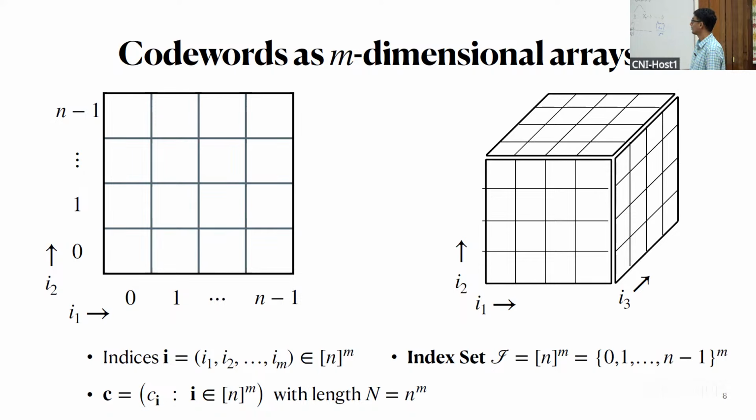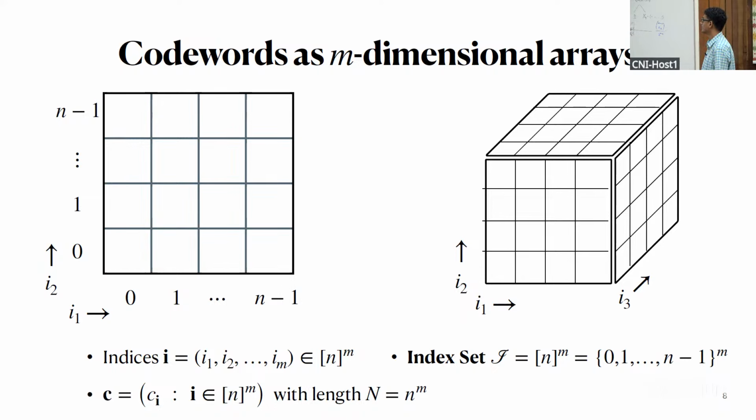So now I'm going to populate this 2-dimensional box with binary numbers, and I will think of that as a code word. So the length of the code word is going to be n squared, at least in this case, on the left-hand side. You can also generalize to m-dimensional arrays or tensors. So here is a 3-dimensional example. In this case, you'll have n cubed boxes, single entries, that you go and populate with binary numbers.